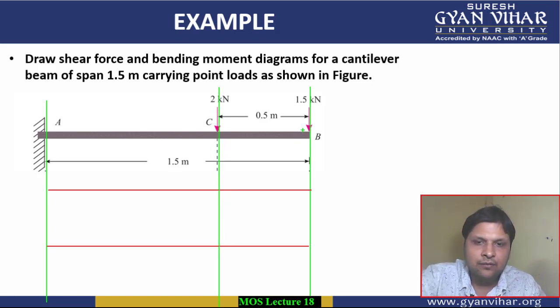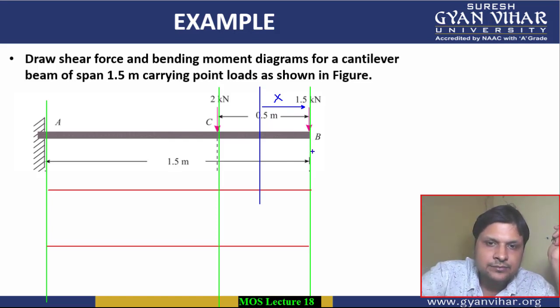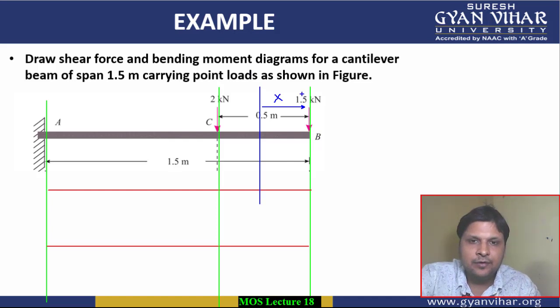Now we will have to find the value of shear force at each and every section. First of all, we will take any section. If we are taking a section here, and we are considering the length from this point B to this section as x, then we all know that shear force is the unbalanced force to the left or right of the section.